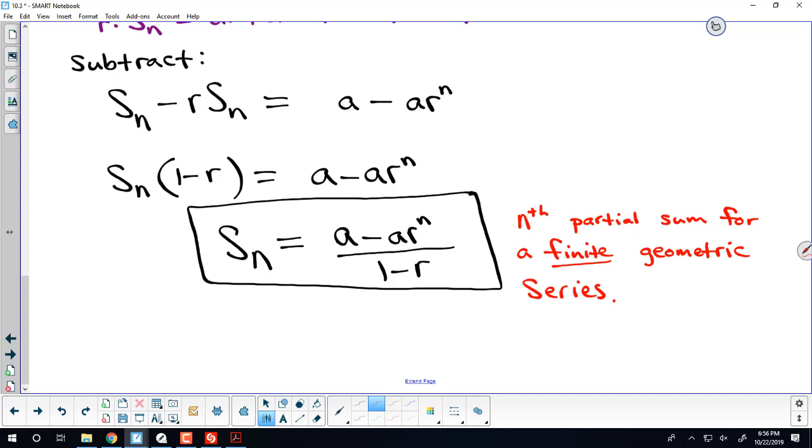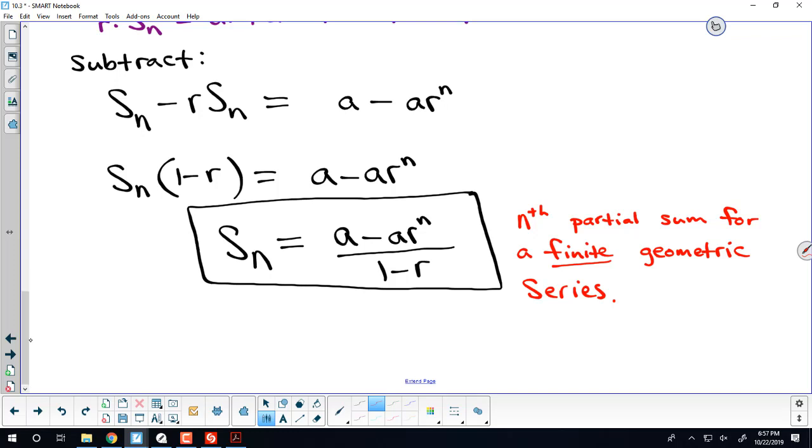We'll look at like 2 examples of finding the sum of a finite one, but we're going to continue with this because we're dealing with an infinite geometric series. We want to know, is there a formula for the sum of an infinite geometric series? Well, we're off to a good start because we have a formula for the nth partial sum.